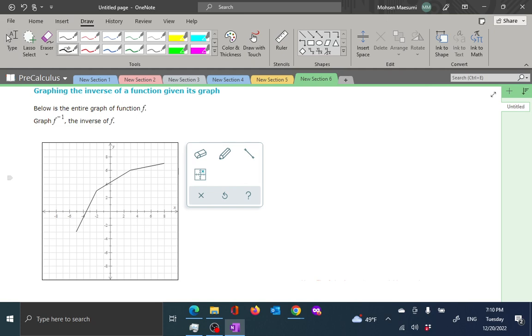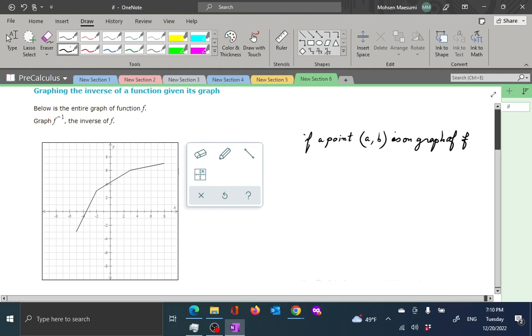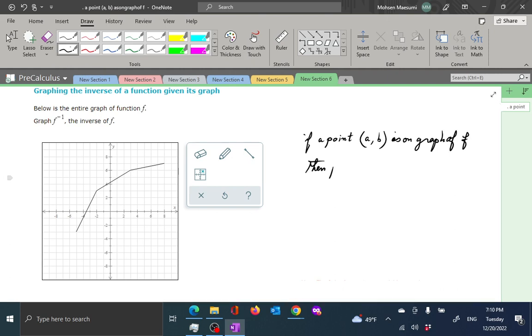If we notice the following: if a point with coordinates, let's call the coordinates a, b, is on the graph of f, our original function, then the point with coordinates b, a, just a flipped version of what we have here, is on the graph of f inverse.